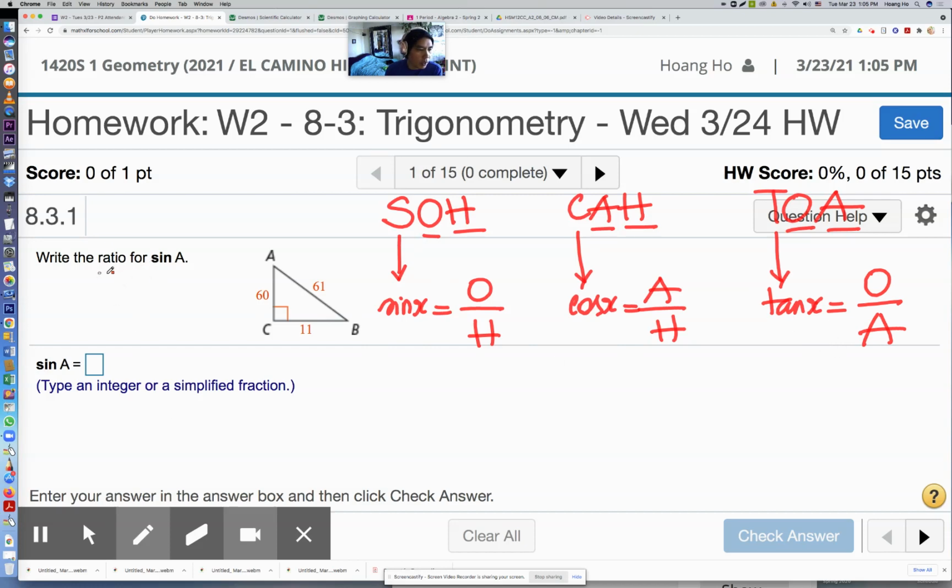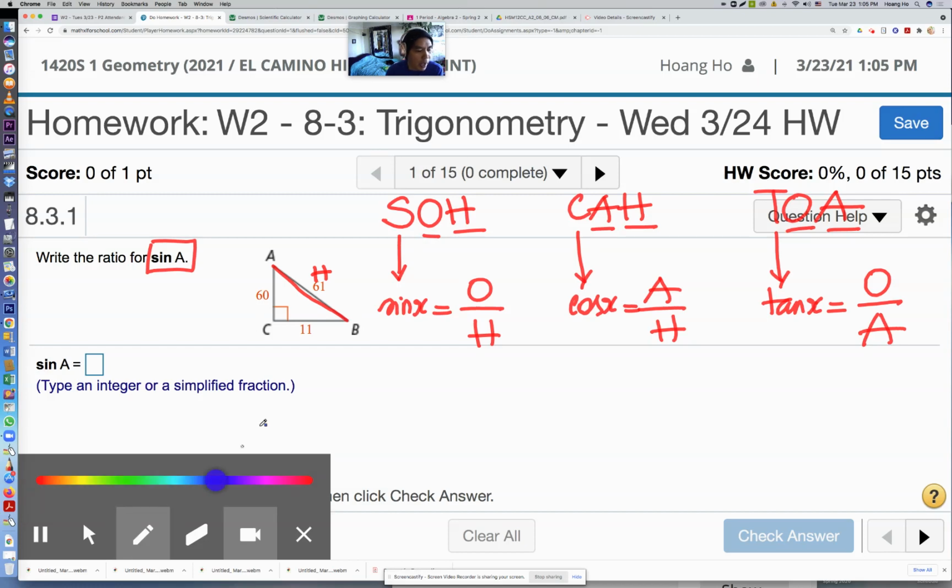They ask you to find the ratio for sine of A. You read it as sine, not sin. You do not have sin in geometry. So you've got a triangle ABC right here. The hypotenuse always stays the same, so this is the hypotenuse. Now angle A depends on the angle.